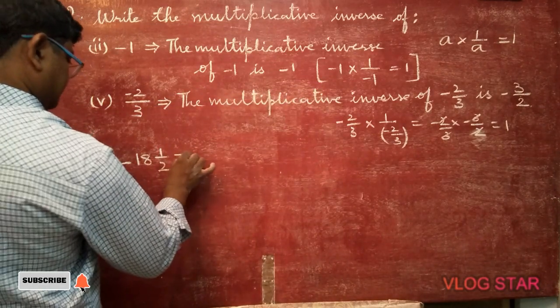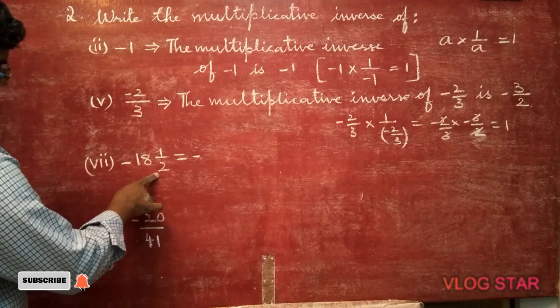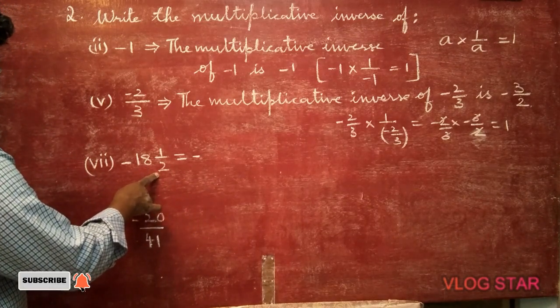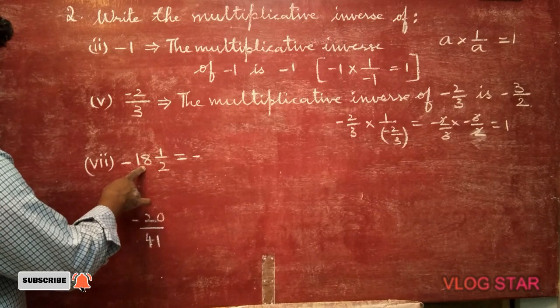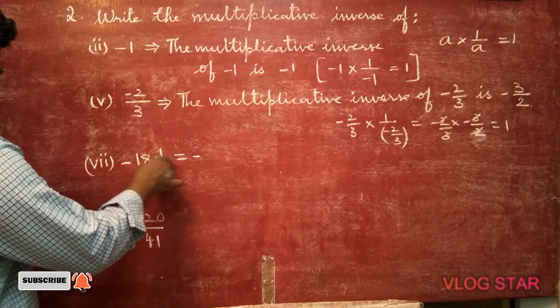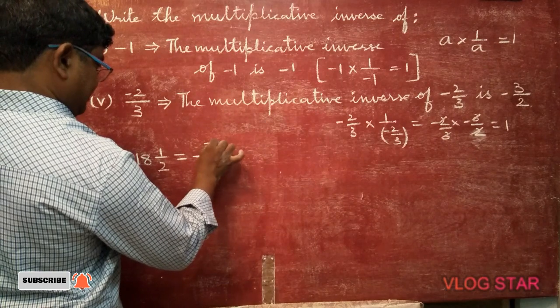Coming to here, minus, it is in mixed fraction. Change into improper fraction. 36 plus 1, 37 by 2.